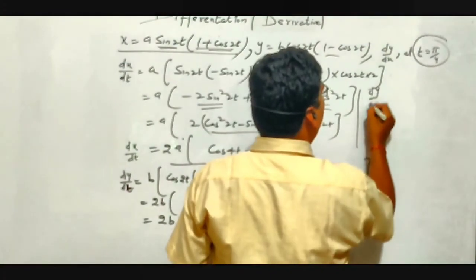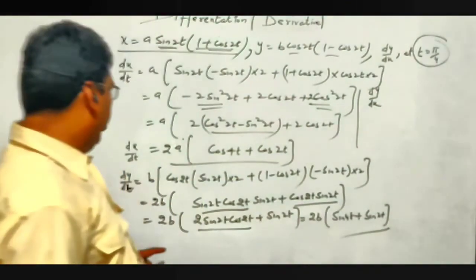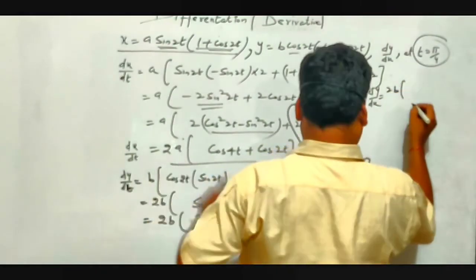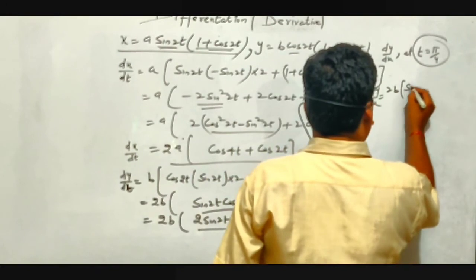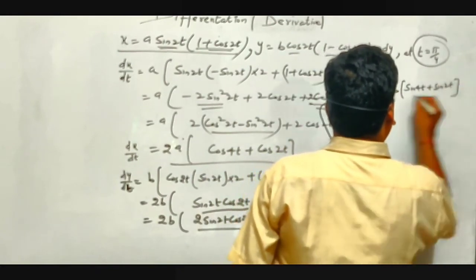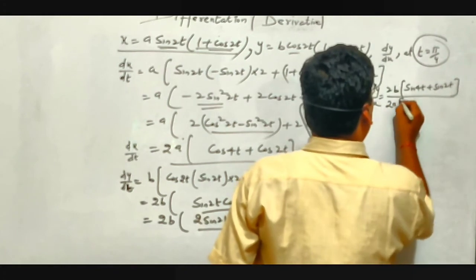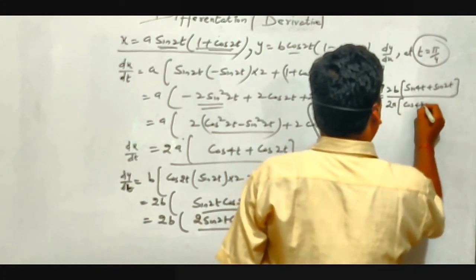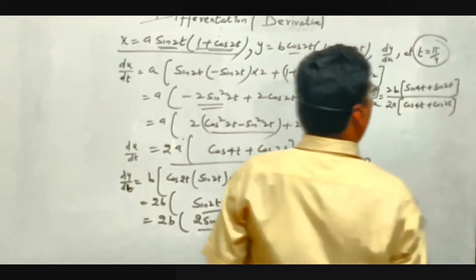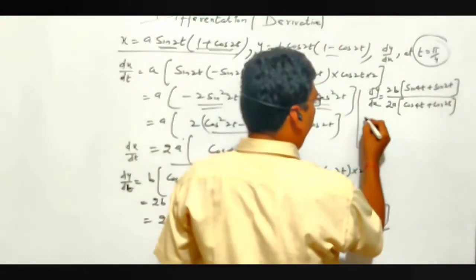Now dy by dx means we divide dy by dt by this. That is equal to 2b (sin 4t plus sin 2t) by 2a (cos 4t plus cos 2t). Now the value of t is pi by 4.